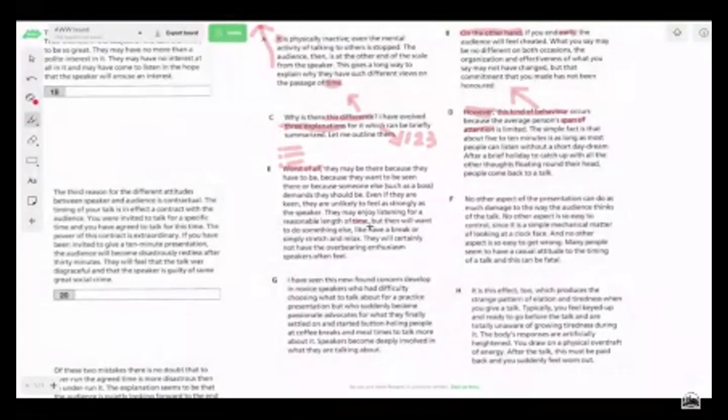Again, we've got time, so always look at time here, because the topic is timing a talk. "No other aspect of the presentation can do as much damage to the way the audience thinks of the talk."